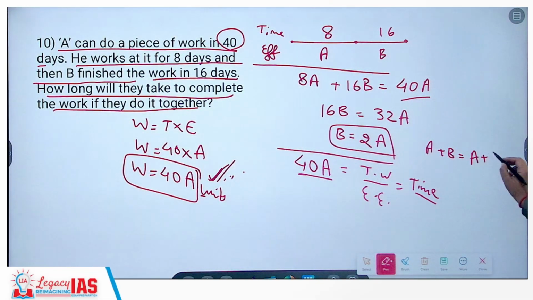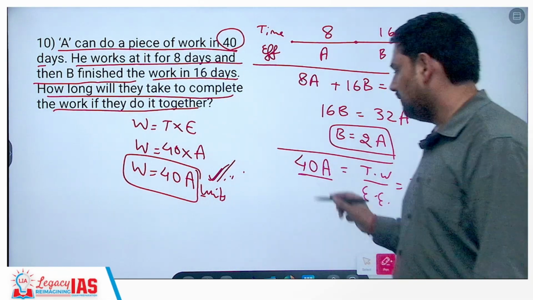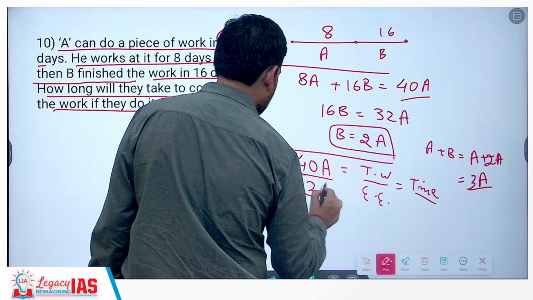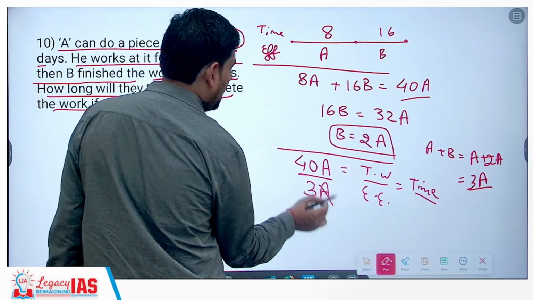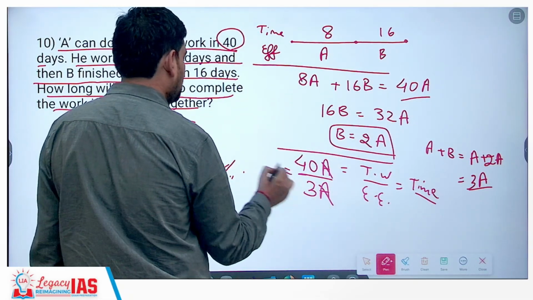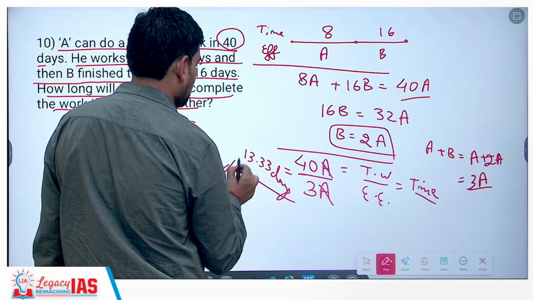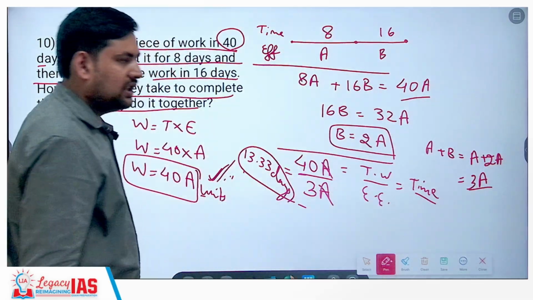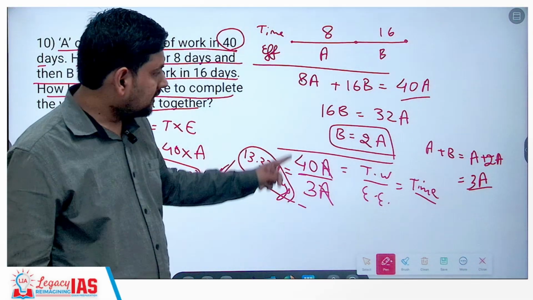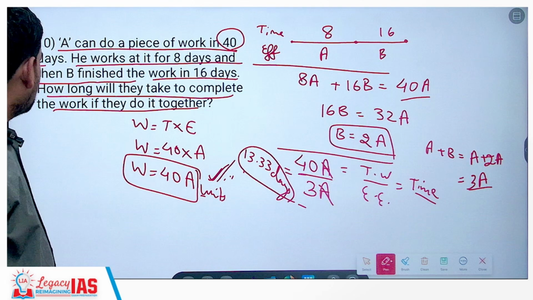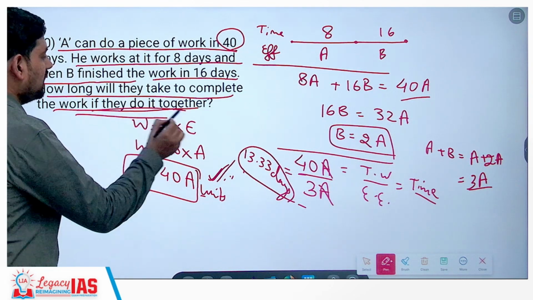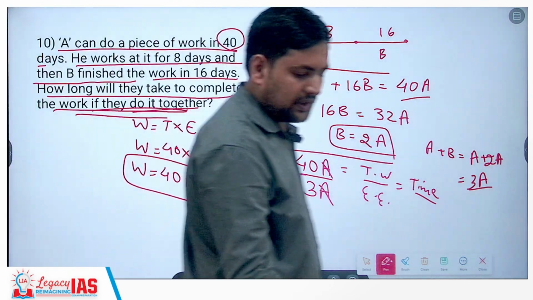B can be written as 2A. So effective efficiency becomes 3A. So 40A divided by 3A. Of course, A and A will cancel out. 40 by 3 will remain, that is 13.33 days. This is the amount of time that will be taken if they do it together. Understood?